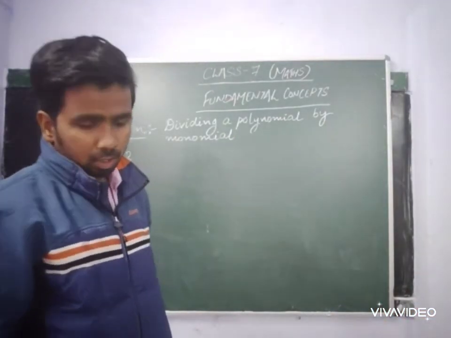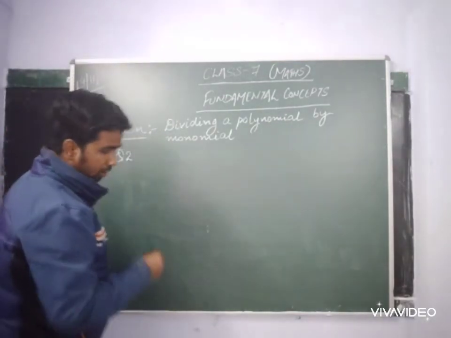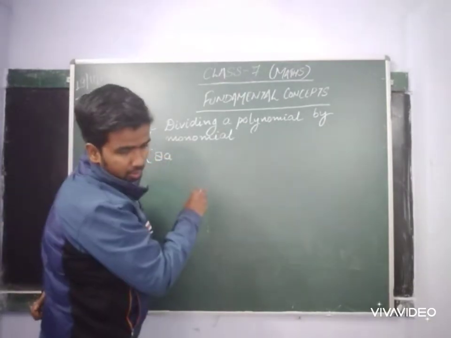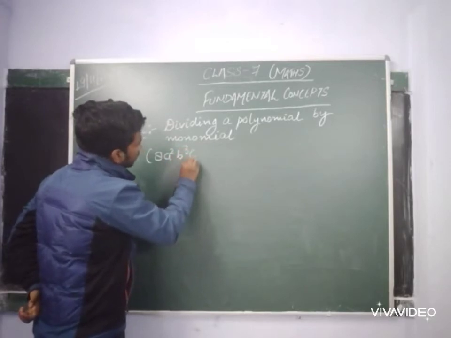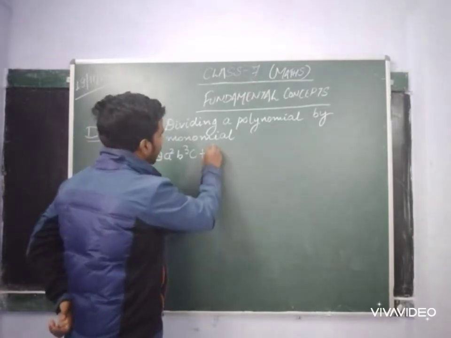So now our question number 2 is 8a square b cube c plus 4a.